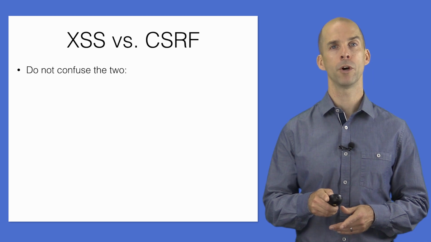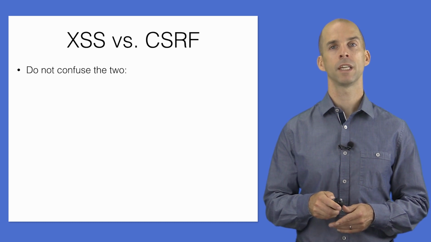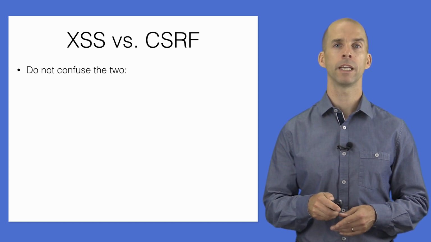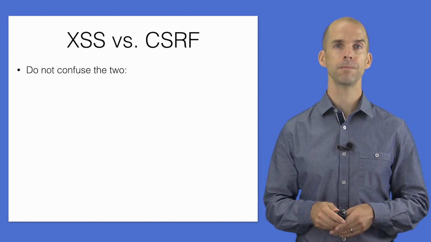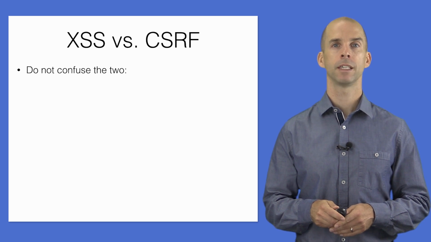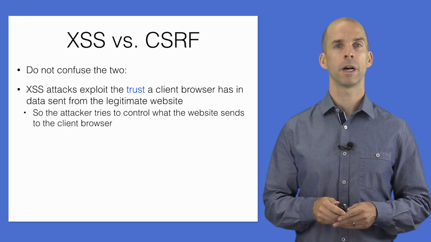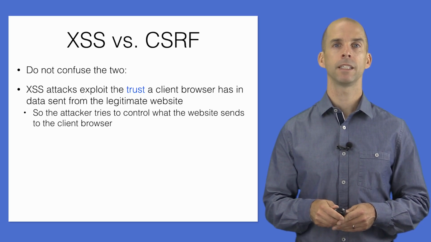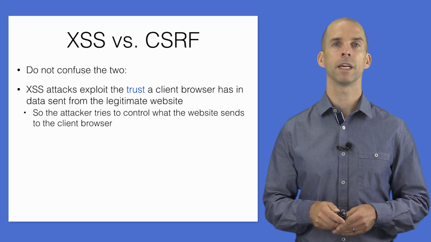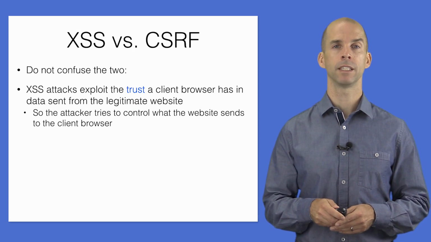One note. We have just considered two different attacks with strikingly similar names: cross-site scripting and cross-site request forgery. What the attacks have in common is that one site tries to act with the privileges of another site, hence the phrase cross-site. XSS works by exploiting the trust a browser has in data sent to it from a legitimate website. So the attacker tries to manipulate what the site sends to the browser.